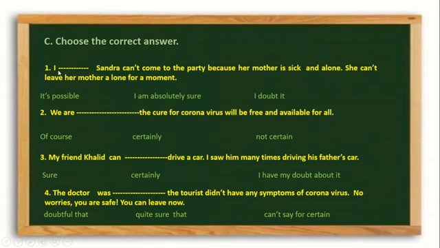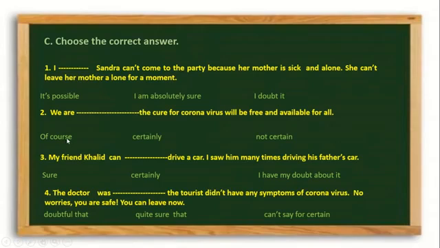Very good. So we're going to say, I am absolutely sure Sandra can't come to the party. Why? Because her mother is sick, so she can't leave her mother alone for a moment. Okay? Good. Number 2, we are the cure of coronavirus will be free and available for all.